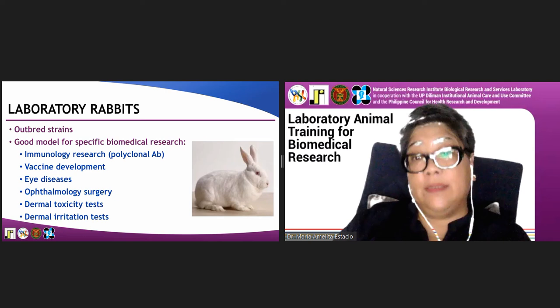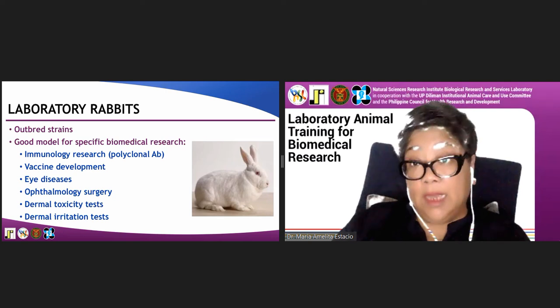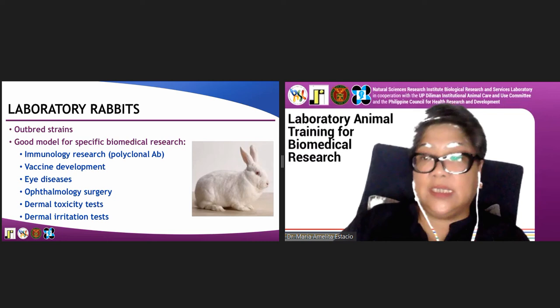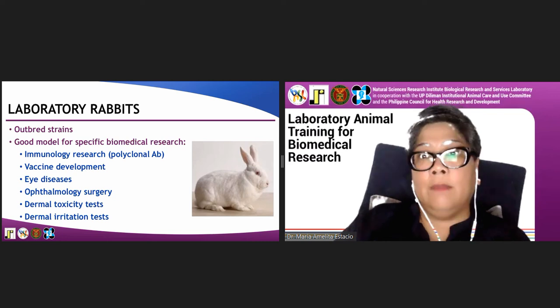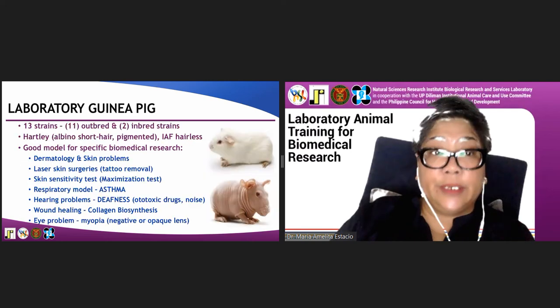What you can see here is a picture of our New Zealand rabbits that we buy for dermal toxicity and dermal irritation testing of products for commercial companies. Now, the laboratory guinea pig: there are 13 strains, and what you can see on top is the Hartley.